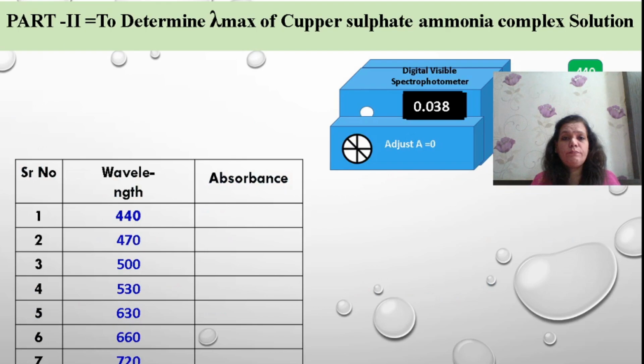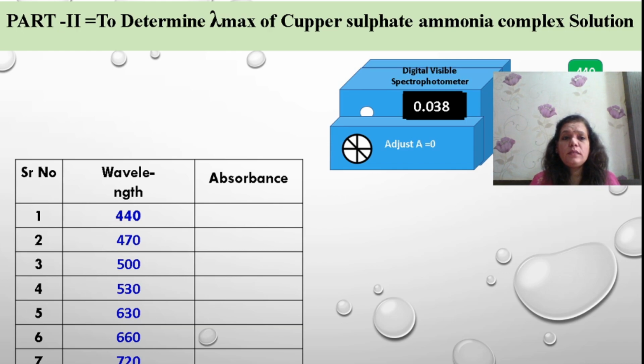We'll see how. This is my digital visible spectrophotometer or colorimeter, which has these different wavelength filters built in. I have listed here 440, 470, 500, 530, 630, 660 and 720. For each of these wavelengths, I have to check the absorbance of this 0.008 molar solution.